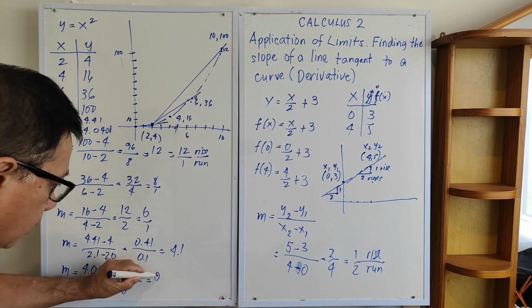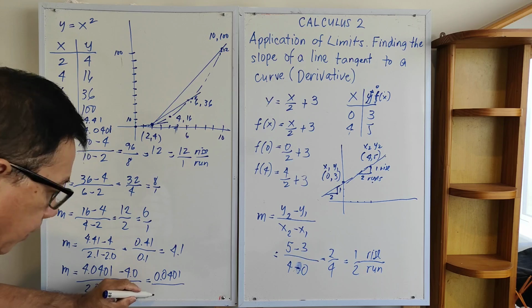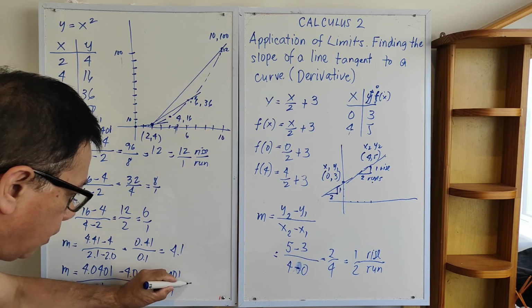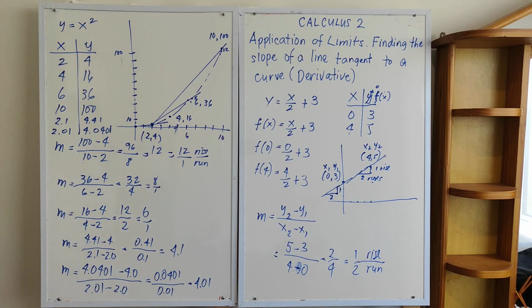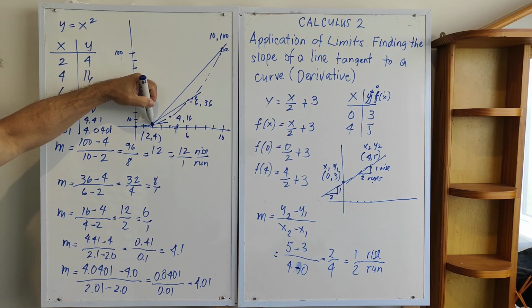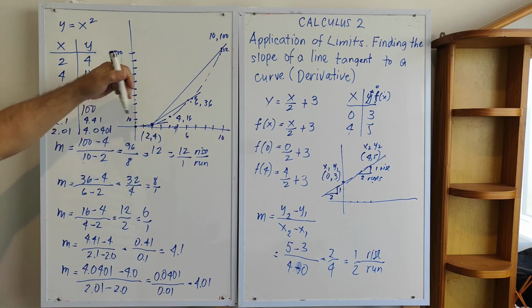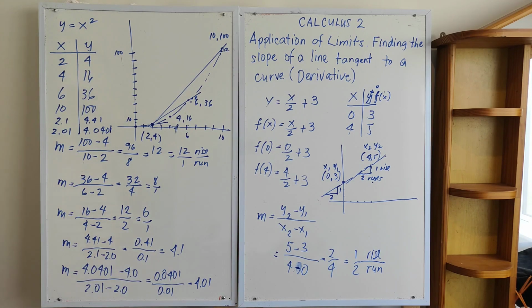That will be 0.0401 over 0.01, which is 4.01. So as we get closer and closer to this point, the slope gets closer and closer to 4.